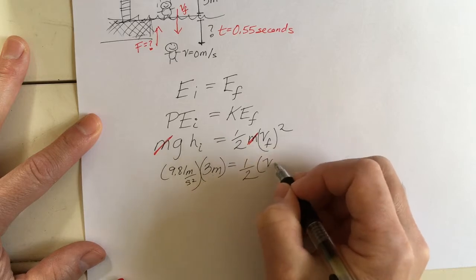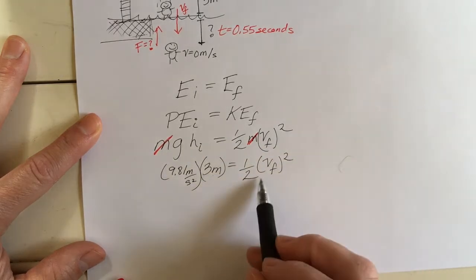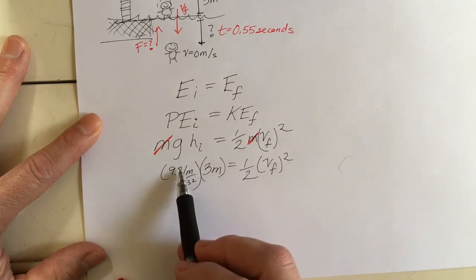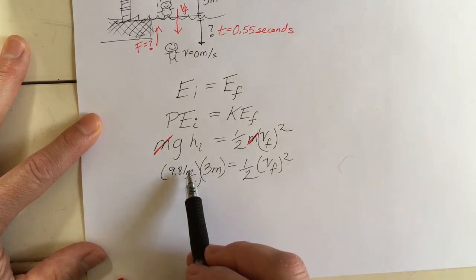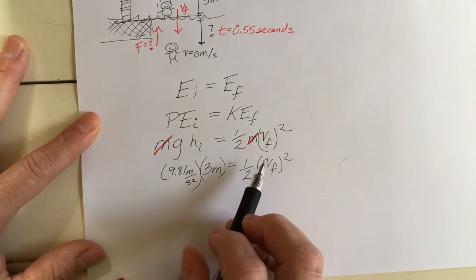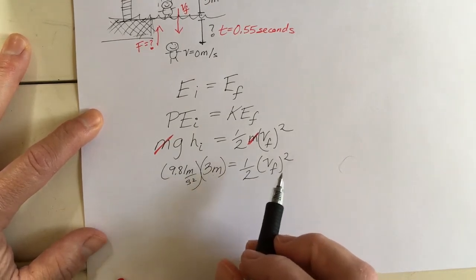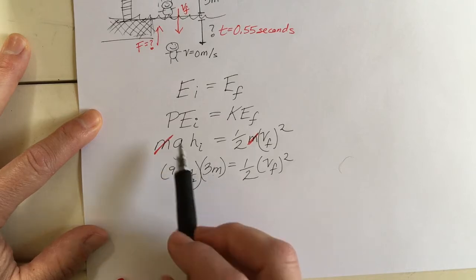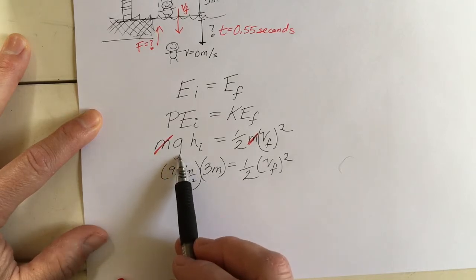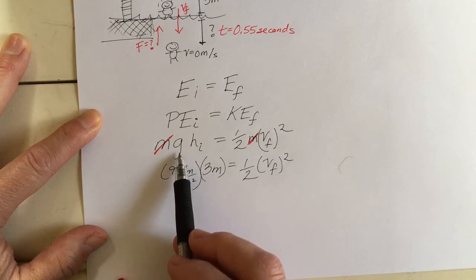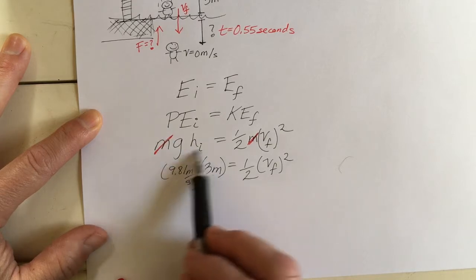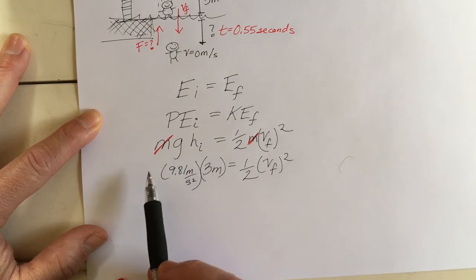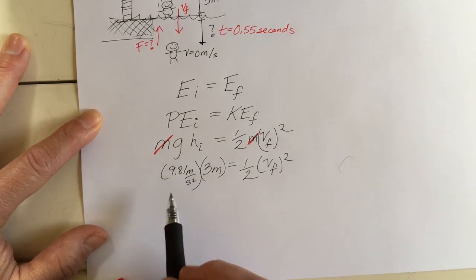Final velocity is what we want to know, and that's when the person enters the water. I was going to add something in, but this g is not going to be negative here because energy is not negative. Energy is a scalar. It's not a vector. So I'm okay with leaving that as 9.81.